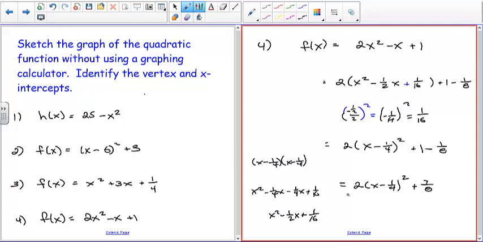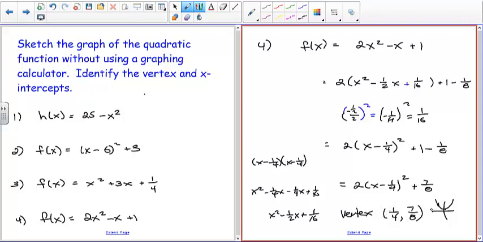So this is the standard form. The vertex is going to be at 1/4 and 7/8. Because both those are positive, it's going to be right in the corner here, and it's going to be positive, so it's going to be pointing up this direction.